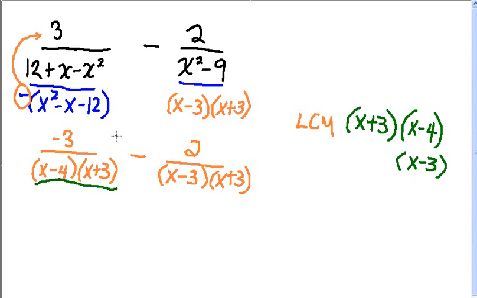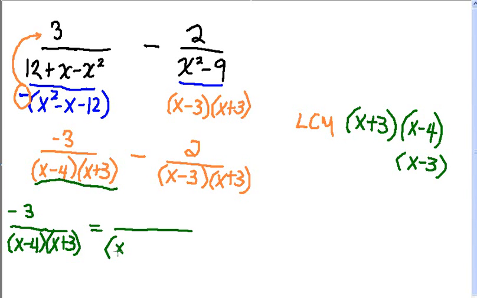Okay, so first I'm going to convert this first term in terms of my common denominator. I want to get that in terms of x plus 3, x minus 4, and x minus 3.